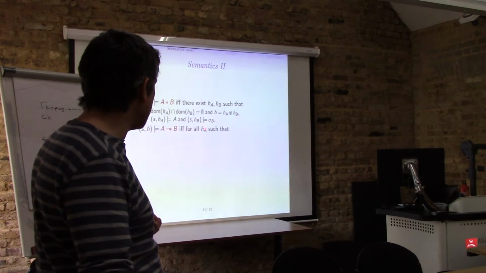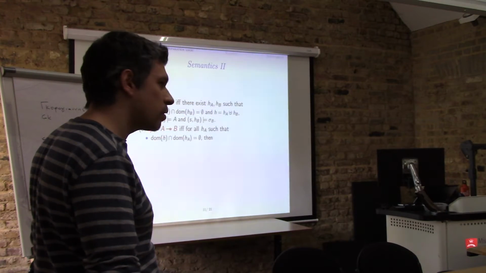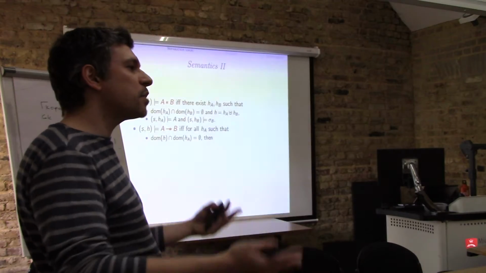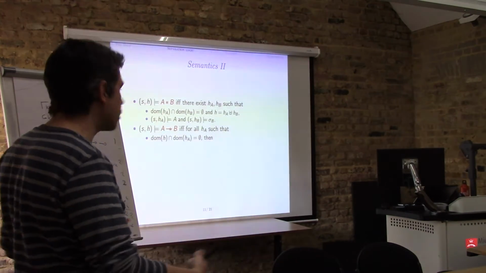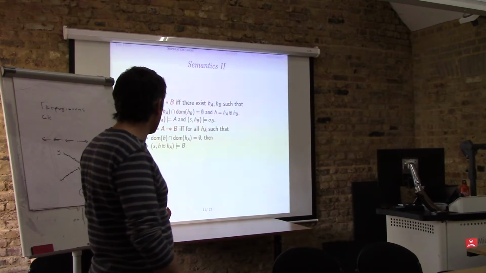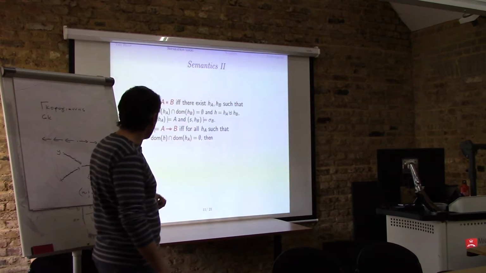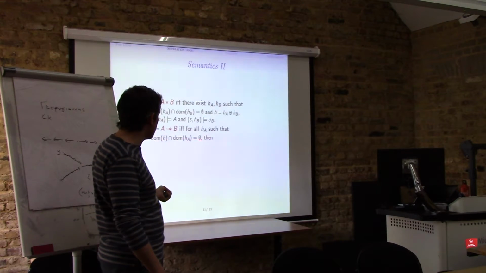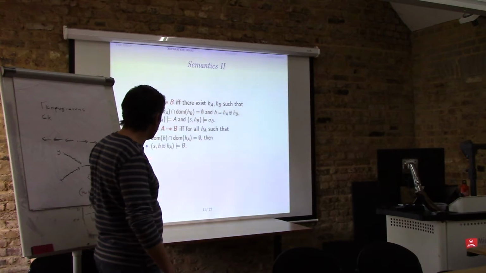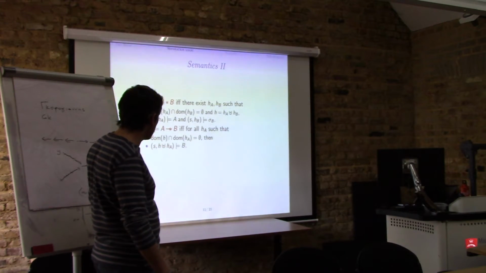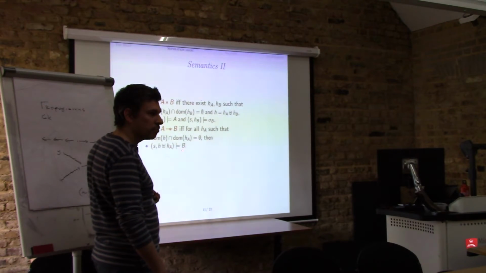It holds if for all heaps HA that are disjoint from H, so all the heaps I can safely add to H and there won't be any clash, and I've missed out something here, it's a typo. So all the heaps that have this property and satisfy A, then if I put those together, the one I started with plus this extra one that satisfies A, I get B.